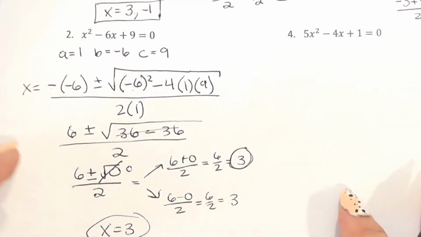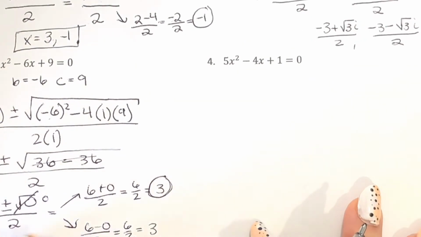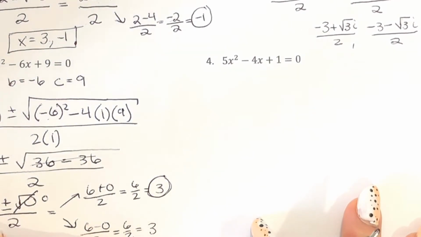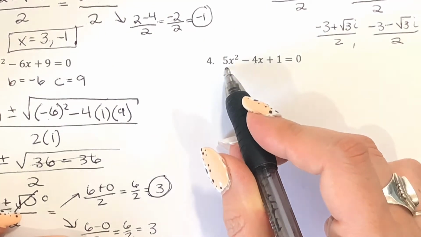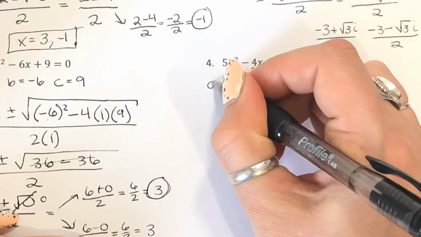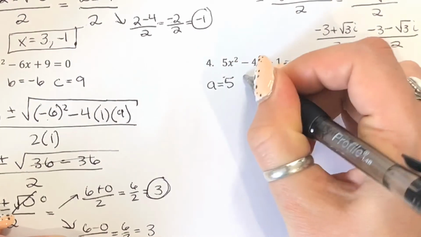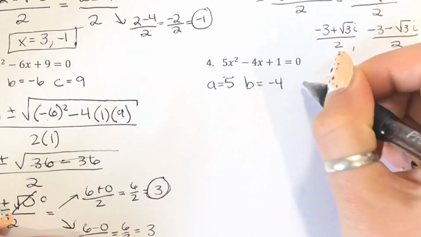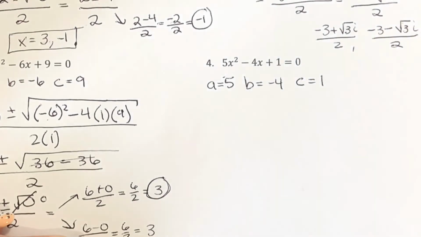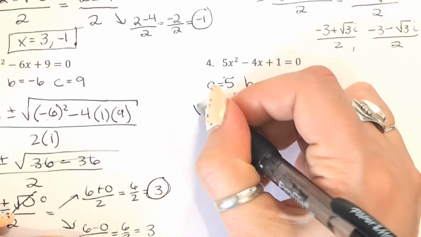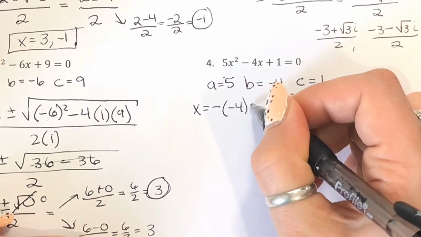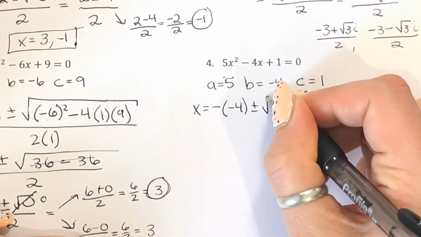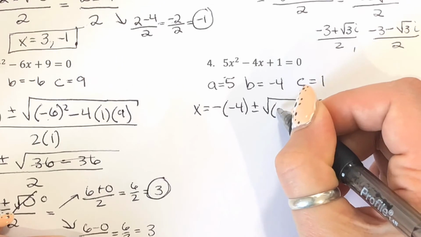Okay, so that one's kind of an easier one. Let's do this one right here. So on here, this time A is 5. So far we've always had it as a 1. B is -4 and C is 1. So let's plug those in. So X will equal a negative B, which is -4, plus or minus the square root of B squared.